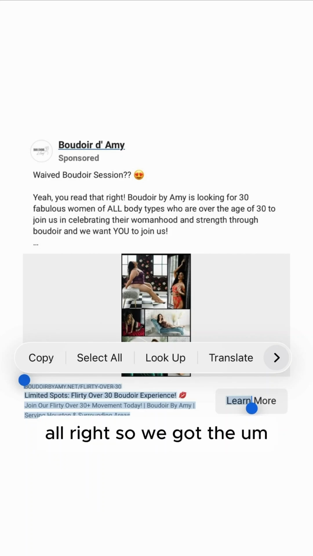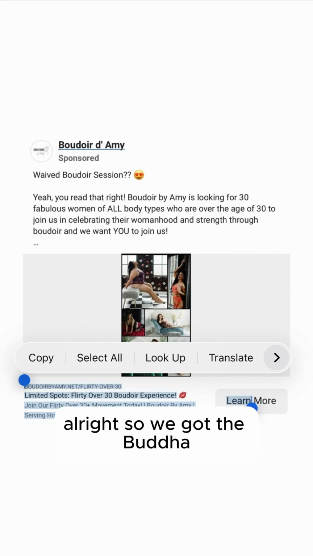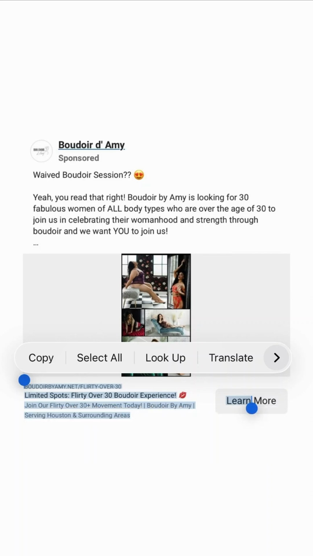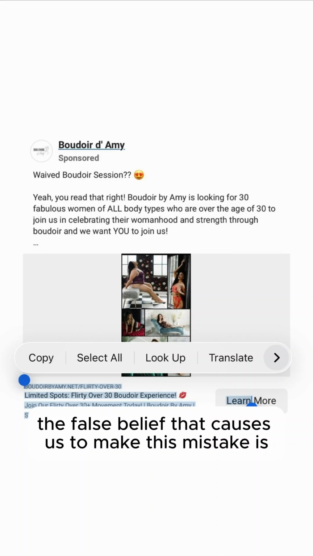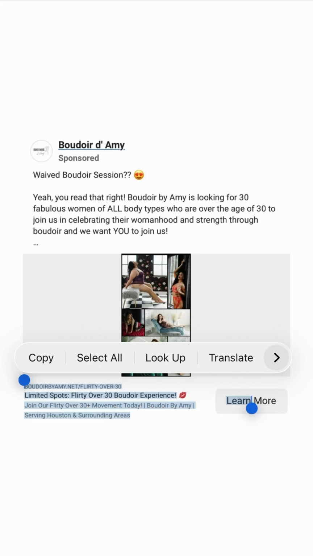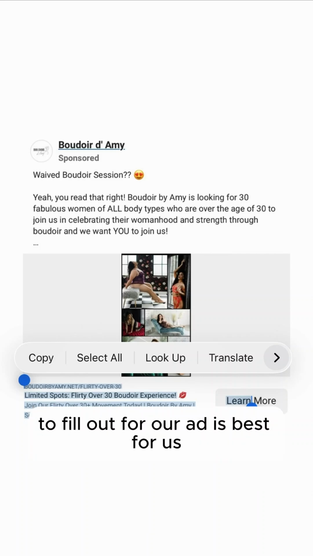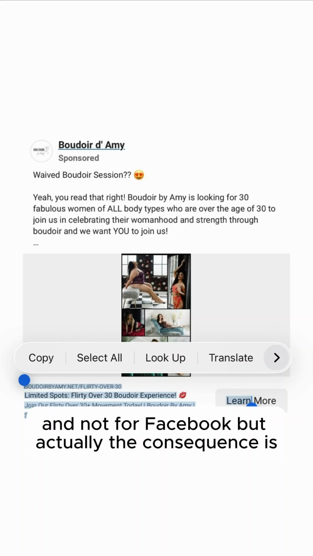all right, so we got the boudoir, basically the below creative cluster mistake. The false belief that caused us to make this mistake is that we're actually trusting what Facebook tells us to fill out for our ad is best for us and not for Facebook.